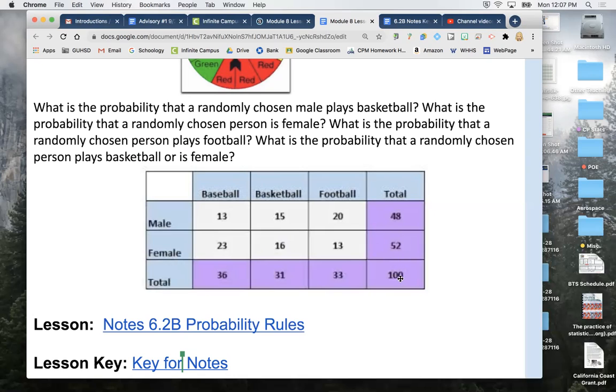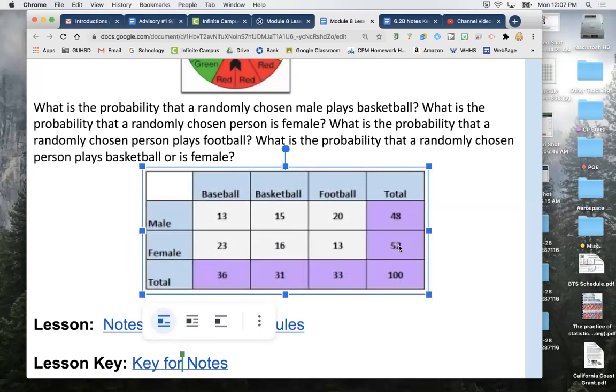But the problem is I have just double counted these 16 people, because I counted them in this 31, basketball, and then they were counted again when I did female. So I need to take this out one time. So I'm going to do 31 over 100 plus 52 over 100 minus 16 over 100.